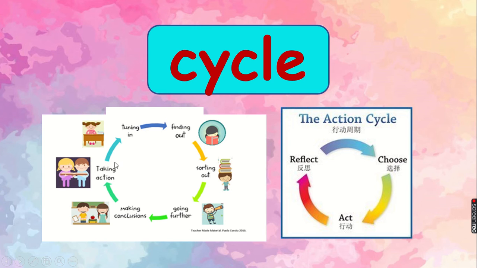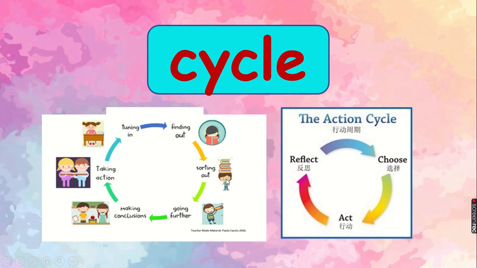A cycle is an example of a process. This is the process of our inquiry. It's called a cycle because it can go again and again and again. It's a process that goes again and again.